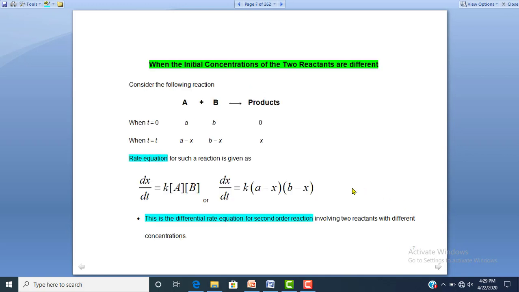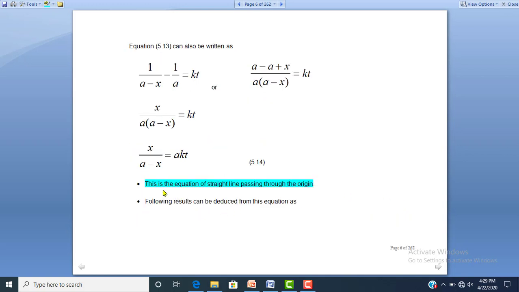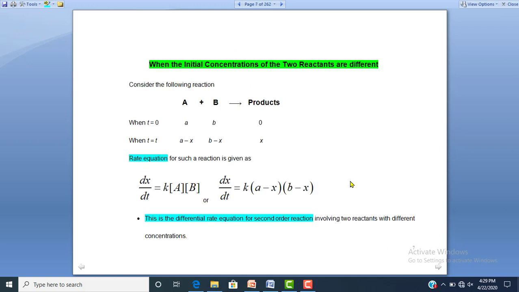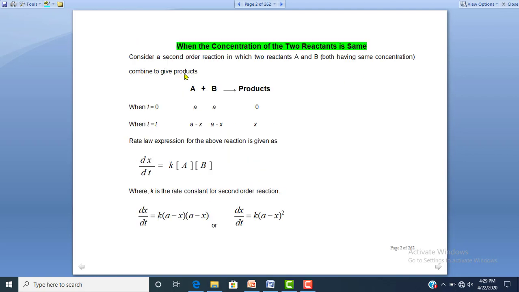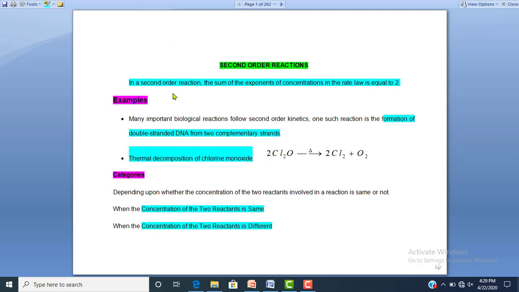Dear students, again this equation is of a straight line, and this is the equation of a straight line which will pass through the origin. Now we will conclude some results. A second order reaction is a reaction in which the sum of the exponents of concentration in the rate law is equal to 2.